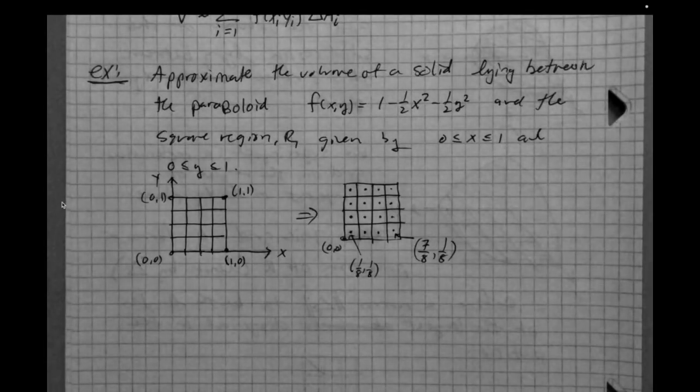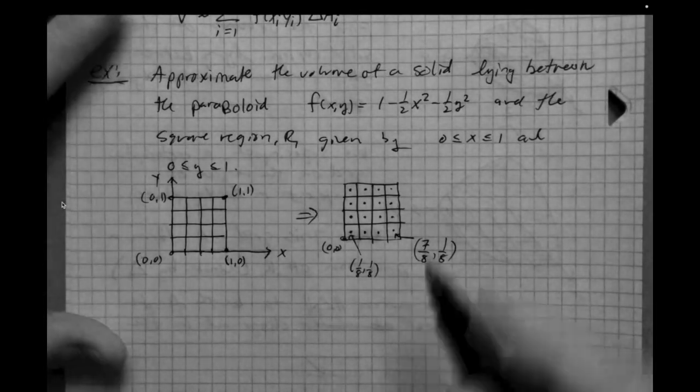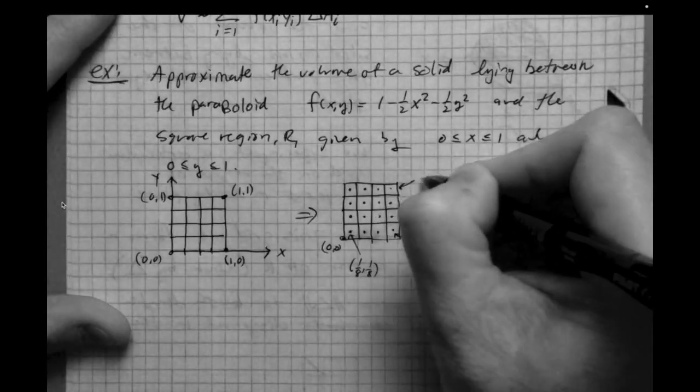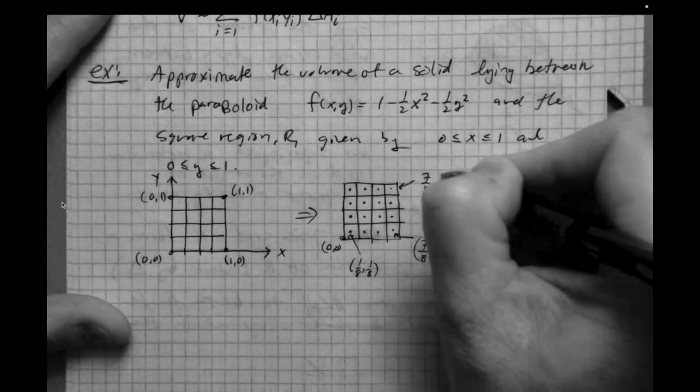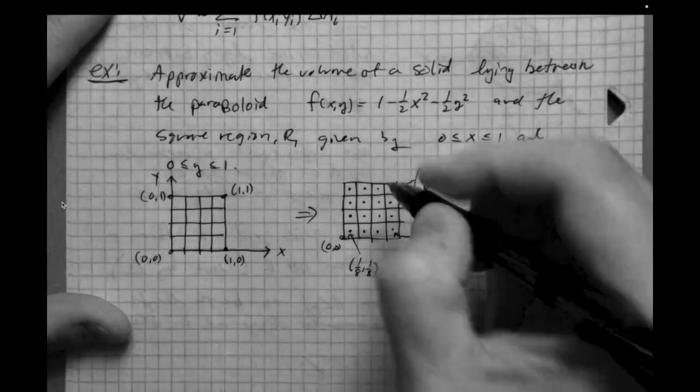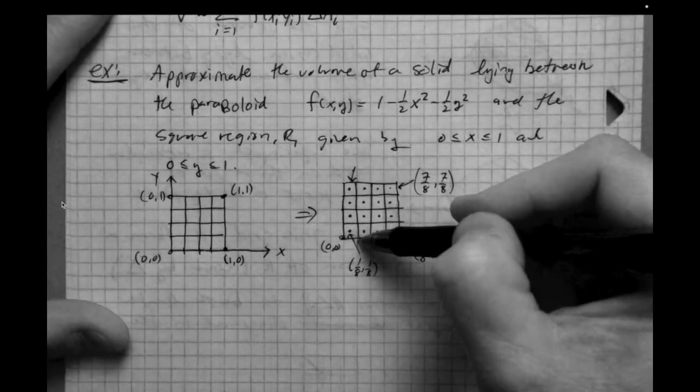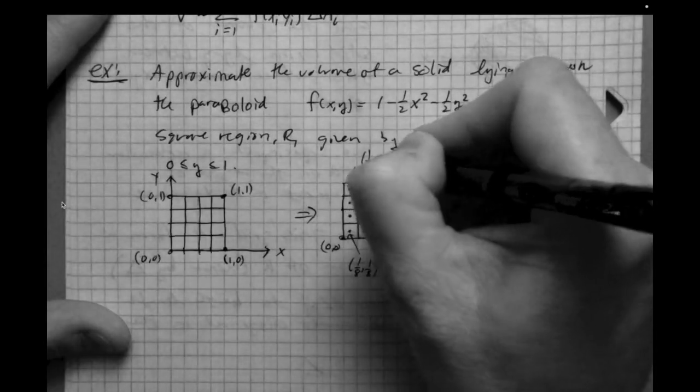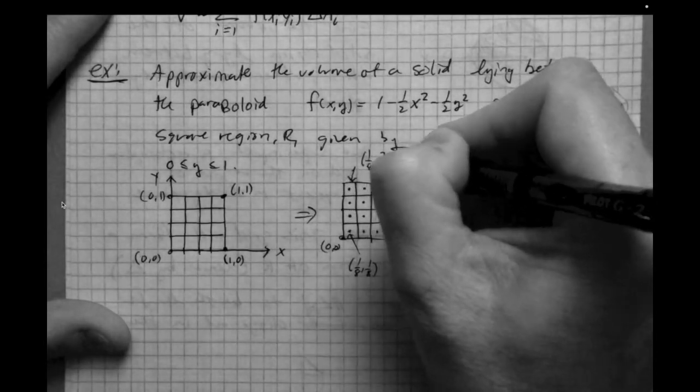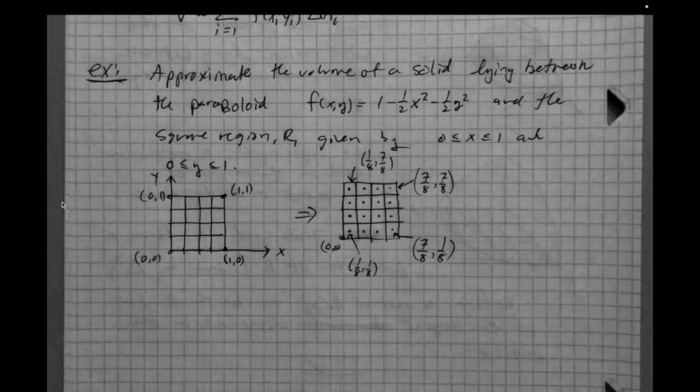You could go on and on like this until you get them all. This one up here would be 7/8, 7/8. This one here would be 1/8 over, 7/8 up, and so on. I'm obviously not going to go through them all, but you get the idea of how you could pretty easily come up with all of the coordinates of interest.